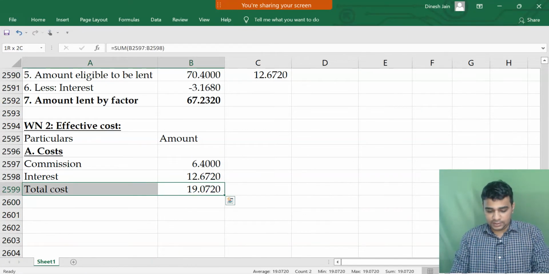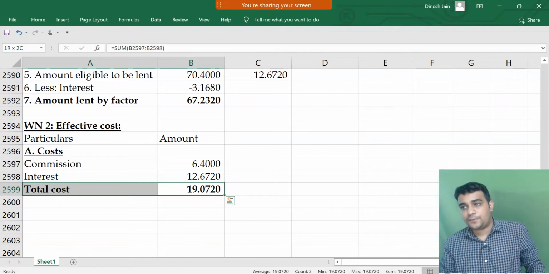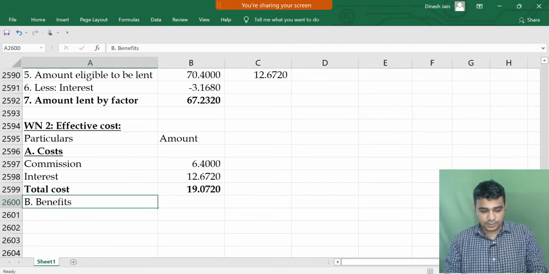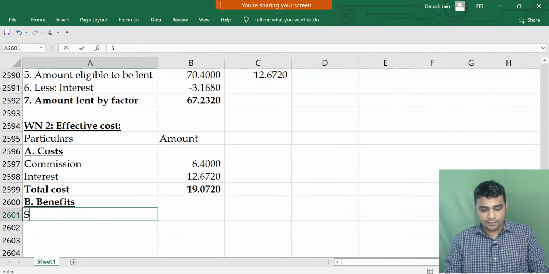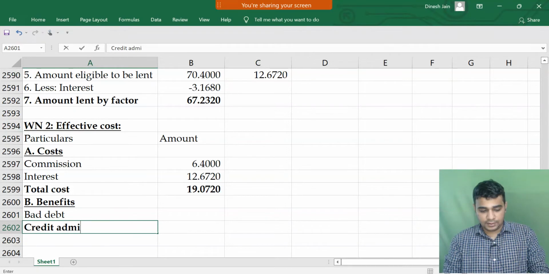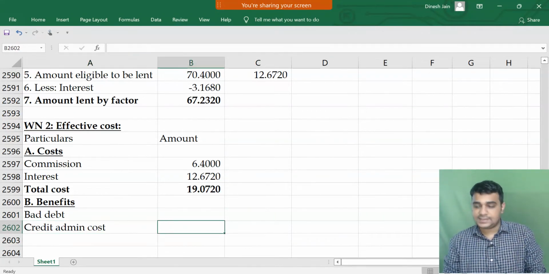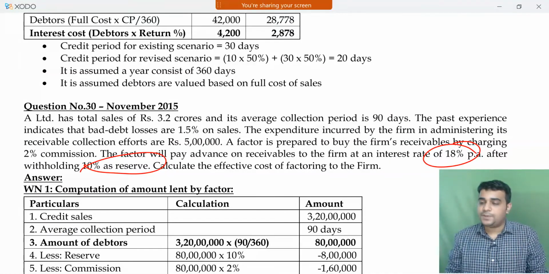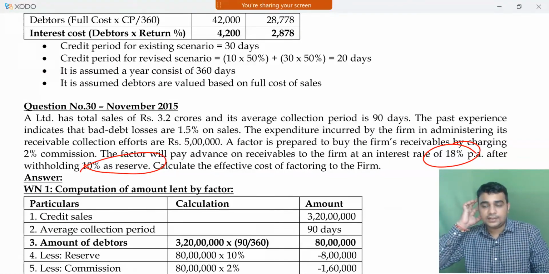Now these are the expenses I have to incur for the factor, but there are certain benefits also. I will save on bad debt and credit administration cost. The bad debt as of now is 1.5%. My assumption is when I do this factoring, the factor will bear the loss of bad debt.